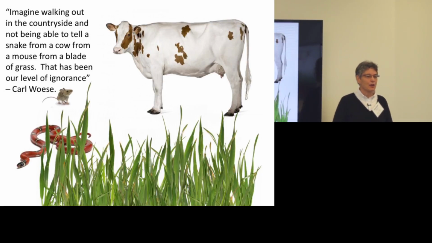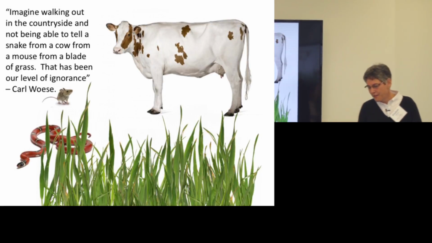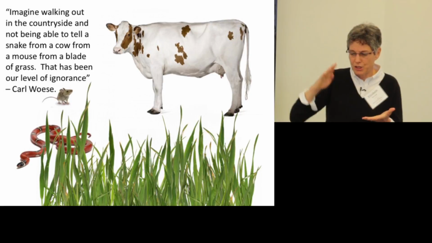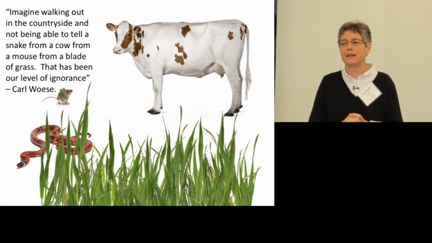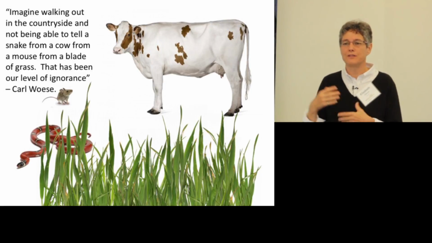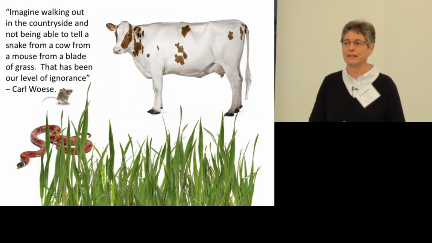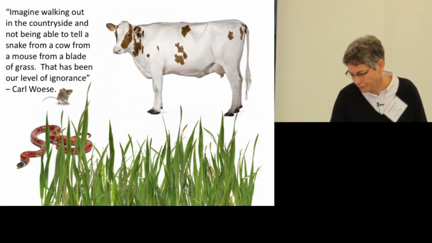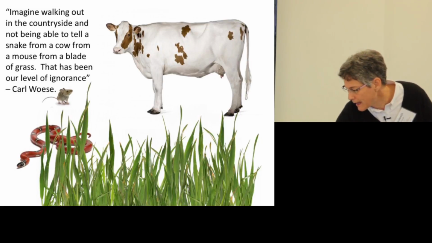Okay? And so there's this huge diversity that only in the last 50 years has it begun to be appreciated, and only really more recently with the advent of high throughput sequencing technology of DNA, that is, have we really been able to appreciate the diversity of the microbial world.